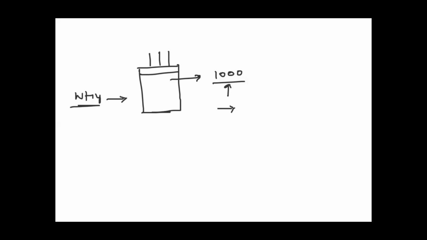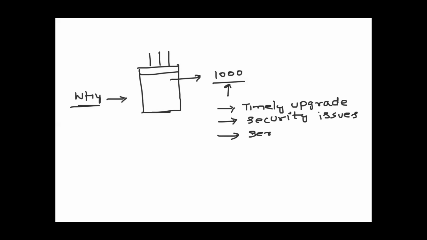But after creating, every now and then you have to upgrade these virtual machines. You have to verify the versions, upgrade them, and verify that they don't have any security issues. And if for some reason the server has gone down, the developers or the QA people will say, hey, something is not working, the server has gone down.